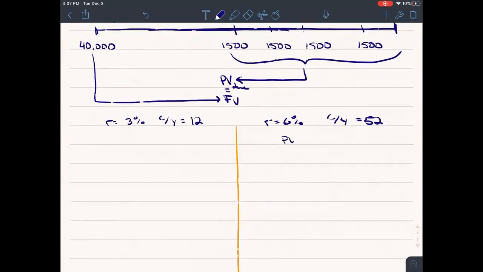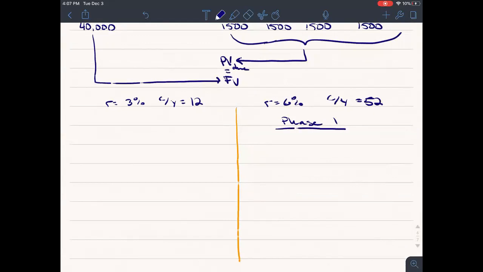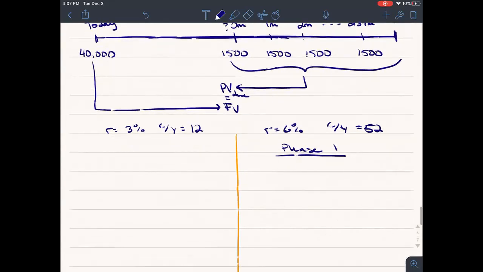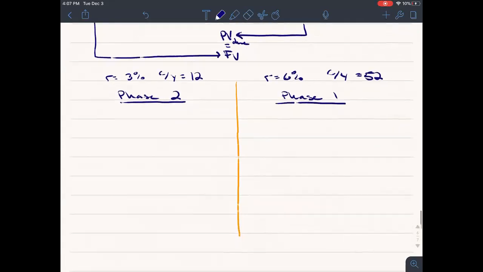So let's call this phase 1, right? Because that's where I have to find the present value. So find what amount I need 40,000 to grow to. And then I'll call this phase 2, but same idea, right? I'll write out my calculator inputs and then just put them in my calculator.